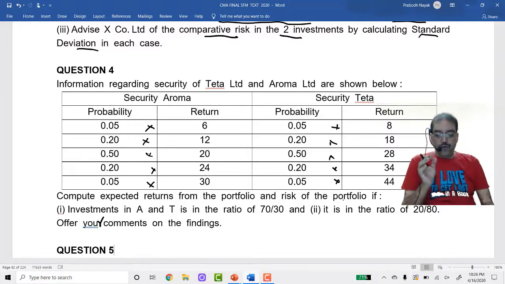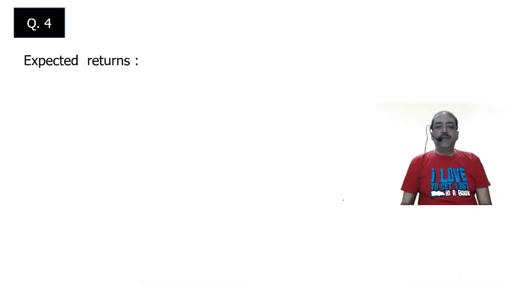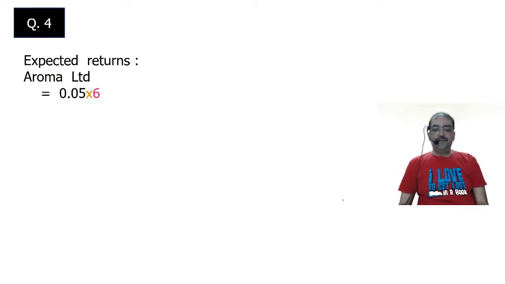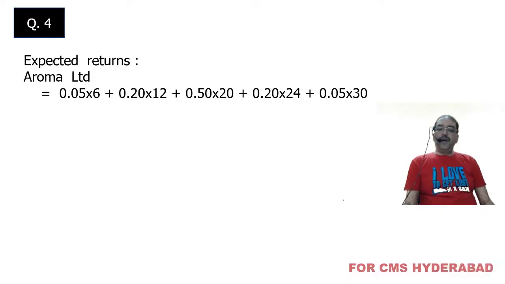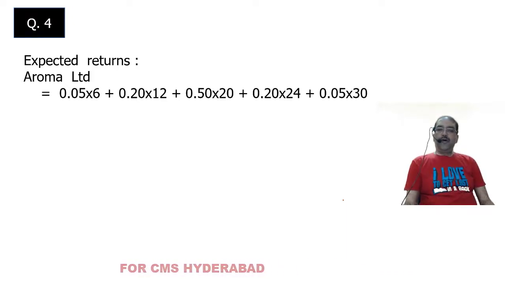So first, we have to calculate the returns of individual securities. Write down expected returns. For Aroma Limited, multiply 0.05 into 6, 0.20 into 12, 0.50 into 20, 0.20 into 24, 0.05 into 30.